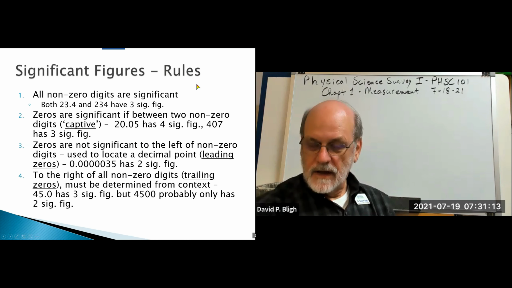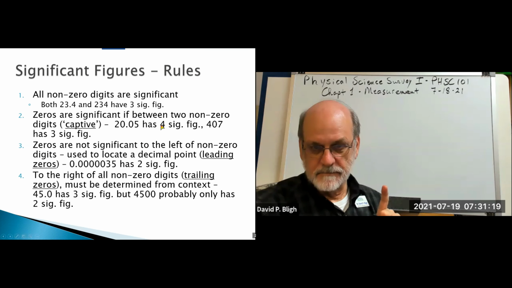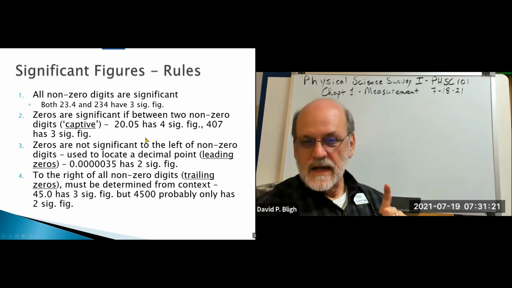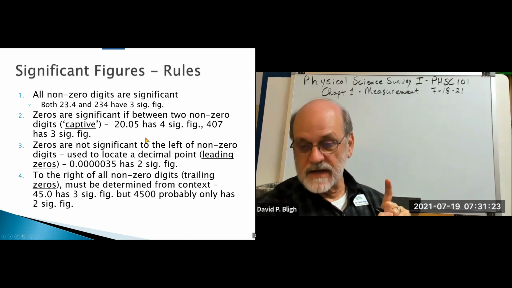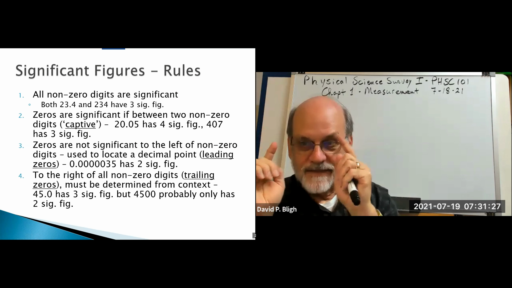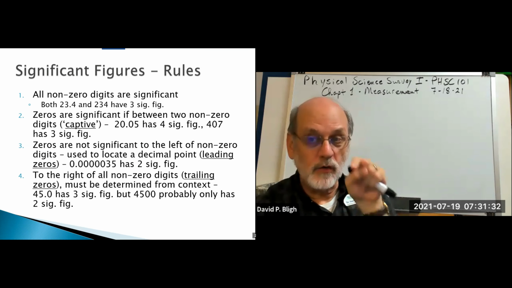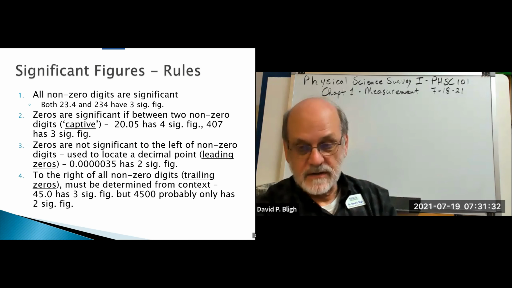Next, numbers that have zeros in them. There are 3 types of zeros in a number. If they're captive zeros, that is, they have a non-zero number on either side, that 0 in the middle is significant. Why? Because it holds a place. If you don't have that 0 in there, you don't have 407.